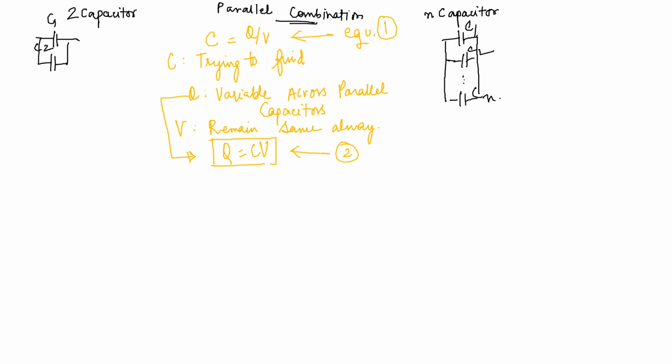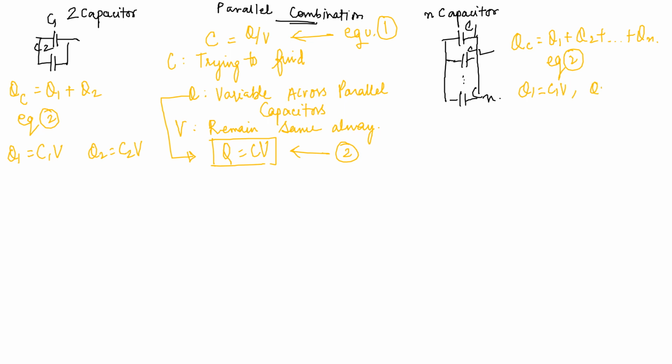Now in this combination we have Q combined equals Q1 plus Q2, two charges. In this case we have Q combined equals Q1 plus Q2 up to Qn. And from equation number 2 we know that Q1 equals C1V, Q2 equals C2V. Similarly here also, Q1 equals C1V, Q2 equals C2V up to Qn equals CnV.